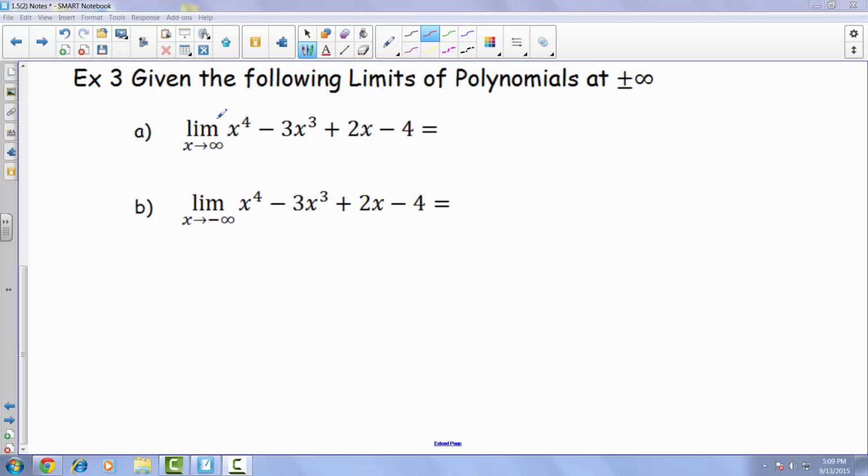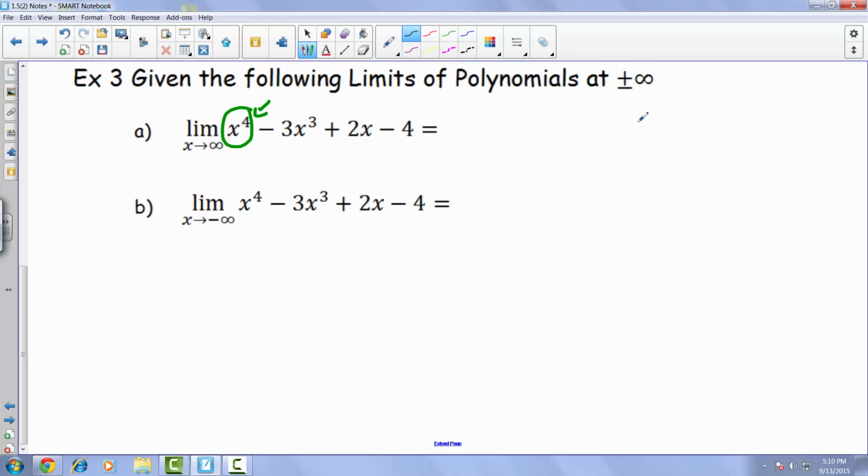Now when we're looking at example 3a, we're seeing that we have the limit as x is going to infinity of this polynomial function. And when we're describing polynomial functions, the thing that describes the end behavior is actually your degree. We notice that we have x to the fourth, this would be our highest degree, and as a result, this term in front is going to be the most important piece.